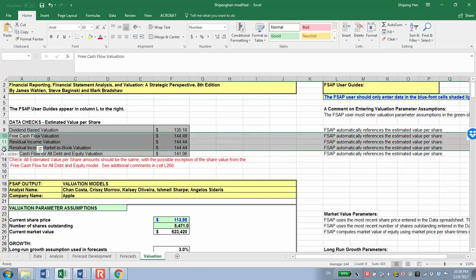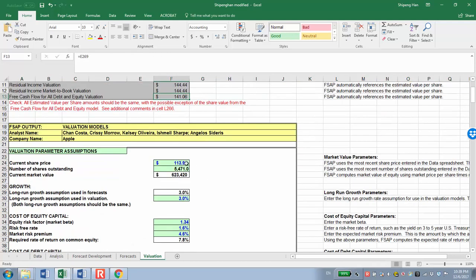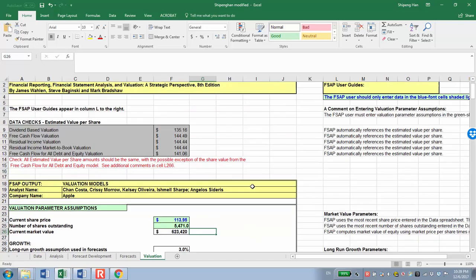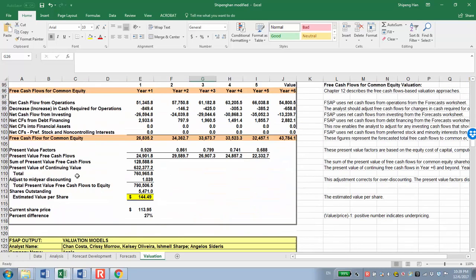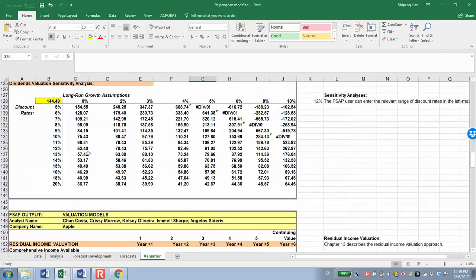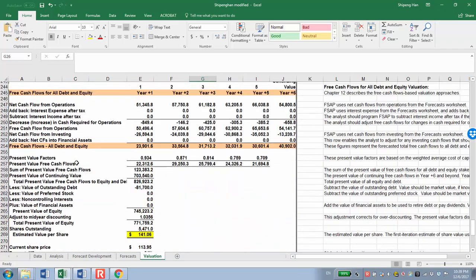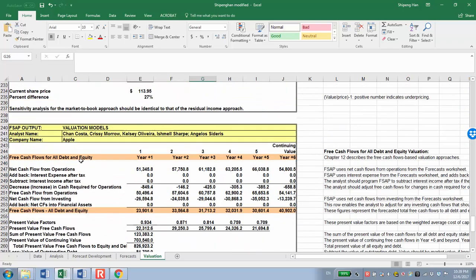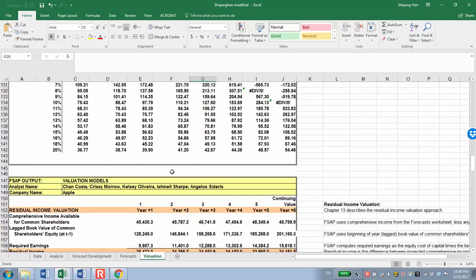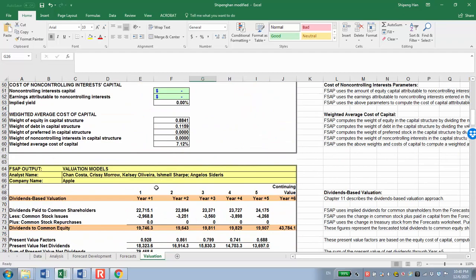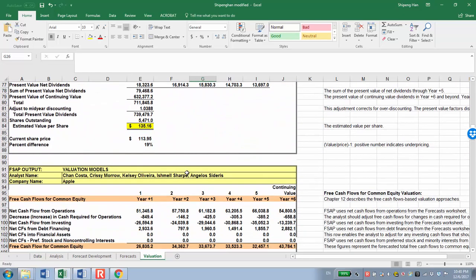Because when we calculate WACC, we use this market price to determine the fair value of common equity. So actually the rest of these tables help us to calculate the value of common equity.